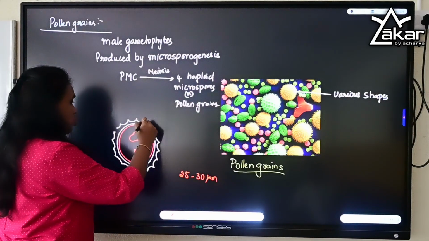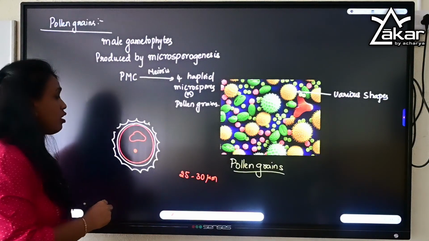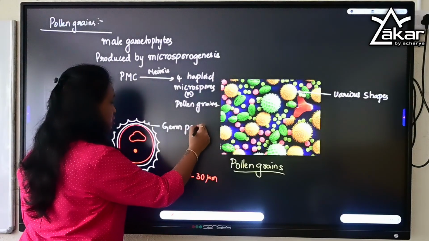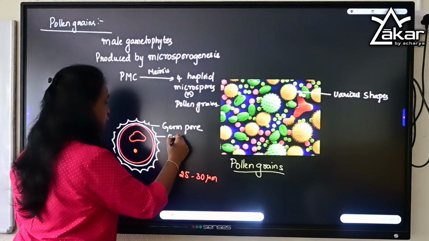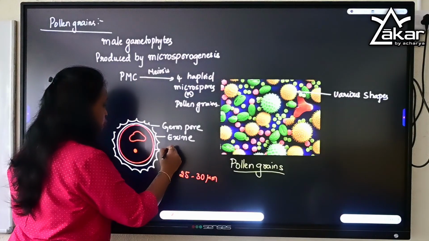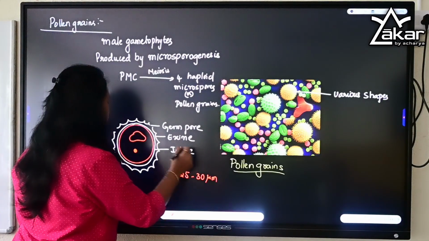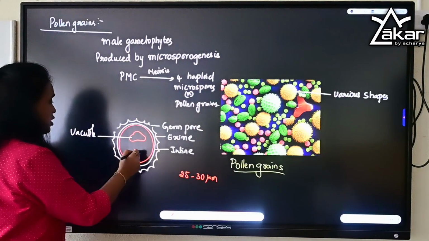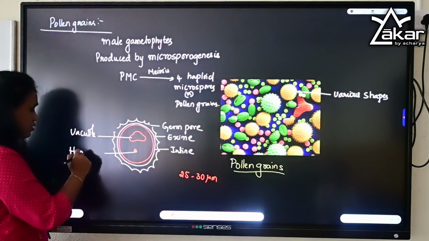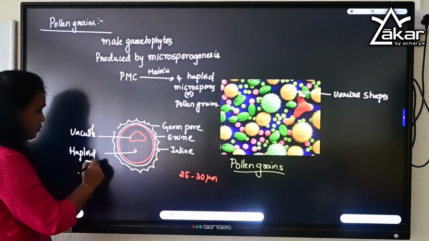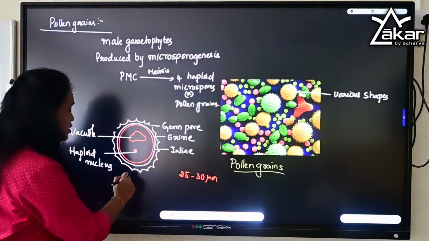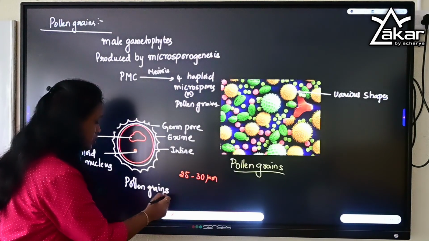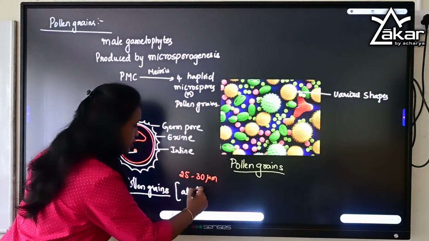Where there is no exine, that space is called germ pore. Exine is the outermost layer, intine the innermost layer, and many vacuoles will be present along with a haploid nucleus. So, this is the structure of a typical pollen grain at its formation.